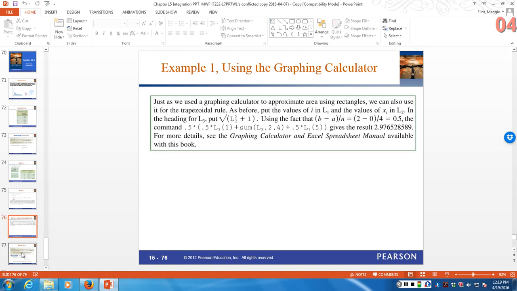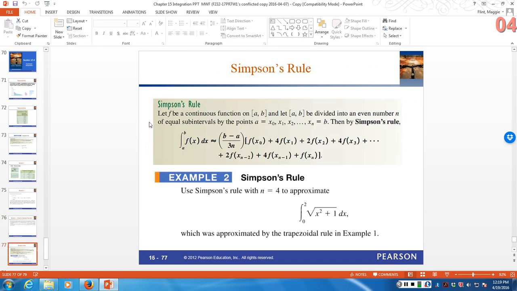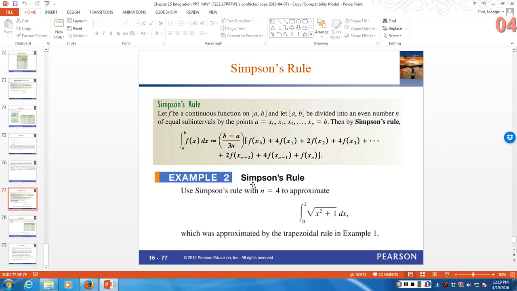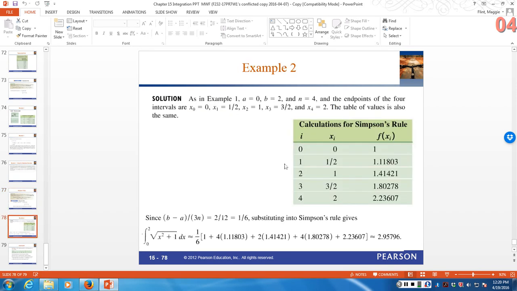But on the calculator, there's also numerical integration. Simpson's rule says you're going to use n equal 4 to approximate that area, which is the same as example 1. Simpson's rule is just a different formula. It gives a better approximation.